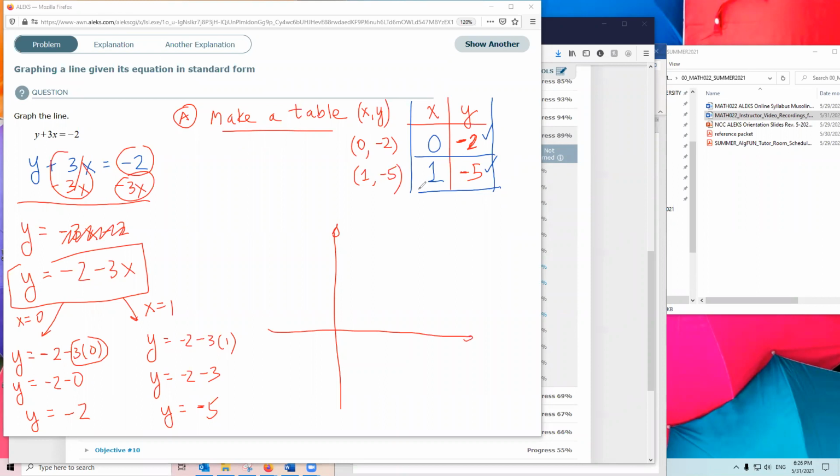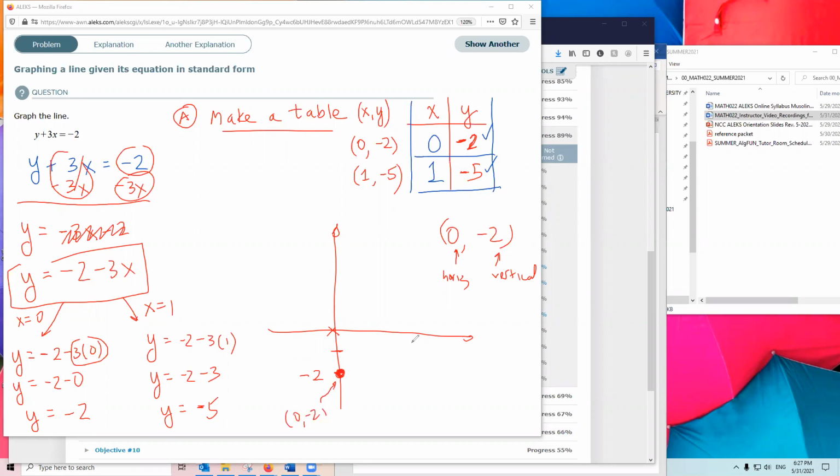All right, so let me take this first one, 0, -2. This says go horizontally 0 and then go vertically -2. So I'm going to start here. I'm going to go horizontally 0, which means go horizontally nowhere, but then I'm going to go vertically 2. That means go down 2. So here is that point 0, -2.